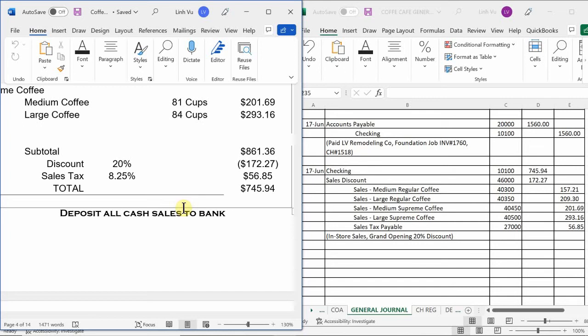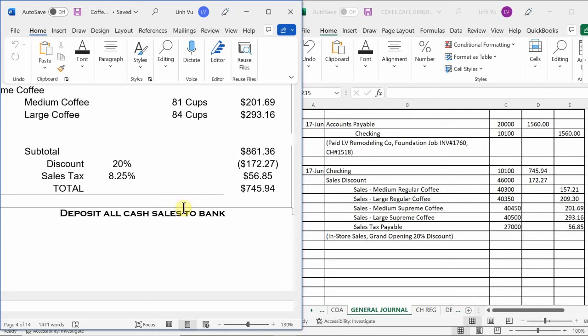Especially because right now, if we don't deposit any money, we're outstanding $200, right? From our previous section, remember when we wrote that check? We are negative right now in our checking account. That's our assumption, right? That means I need to be depositing this money every single day, or I need to put the money into the bank as soon as possible because if I do not, I will overdraft.